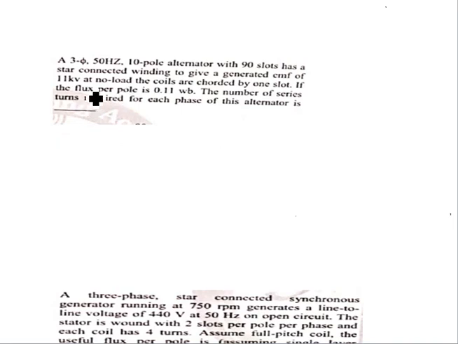In this problem, at least you should have calculated gamma. 180 degrees is my phase, so gamma is 180 degrees divided by slot per pole. Slot per pole is 90 divided by 10, so you get 20 degrees, the slot angle.